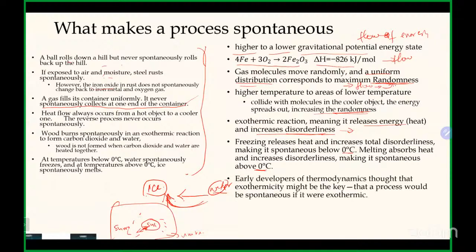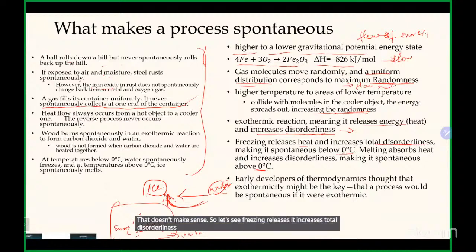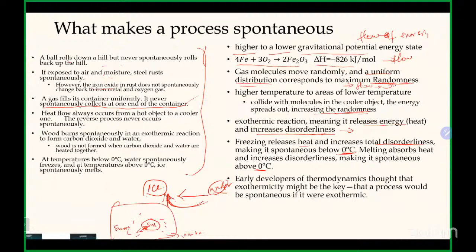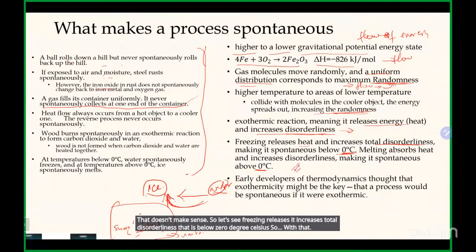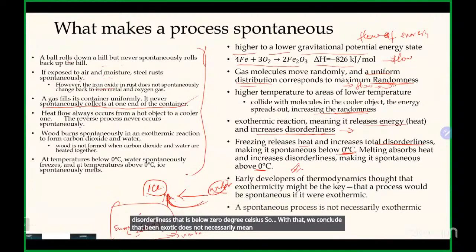So freezing releases heat and increases total disorderliness, that is, below 0 degrees Celsius. So with that, we conclude that being exothermic does not necessarily mean being spontaneous.